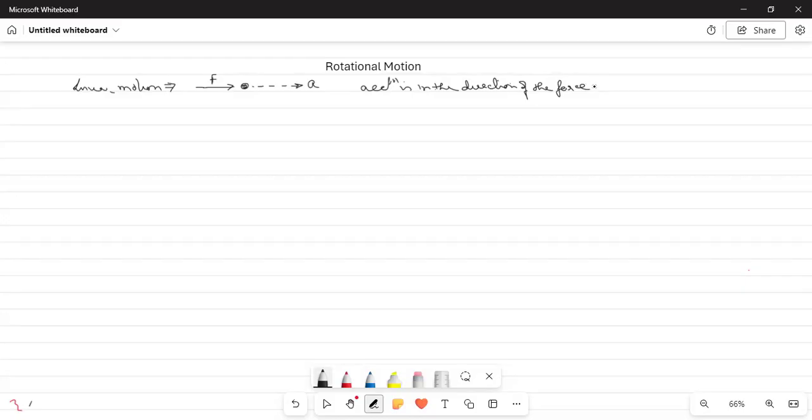And also one more thing that we have observed: the measurement of this force is equal to mass of the body multiplied by acceleration. This was the linear motion.